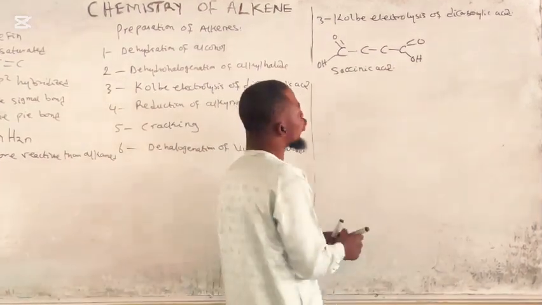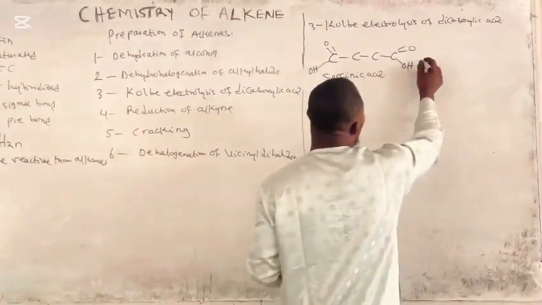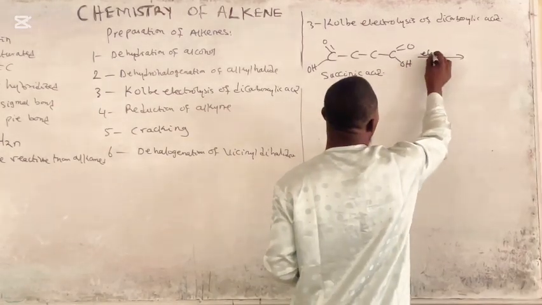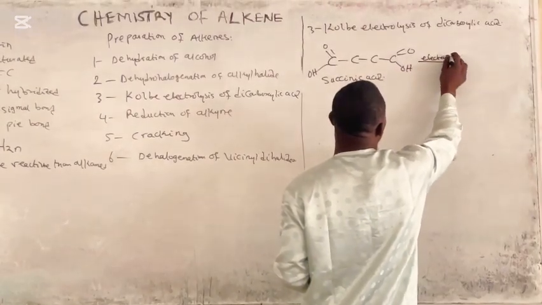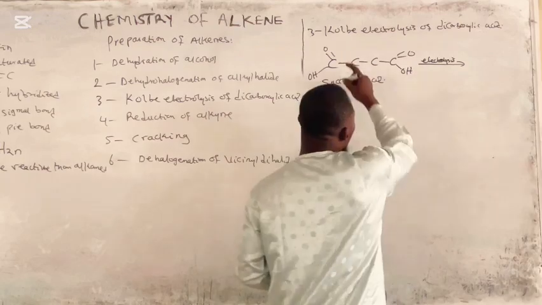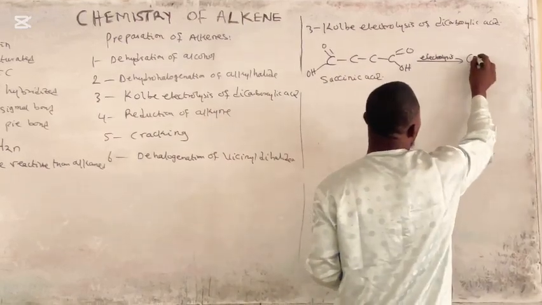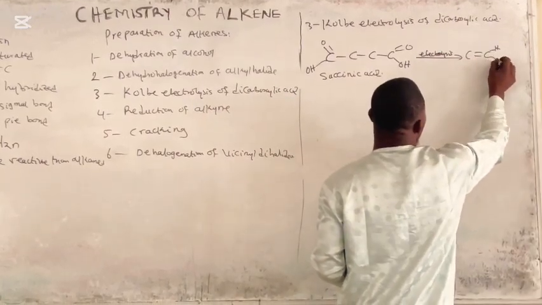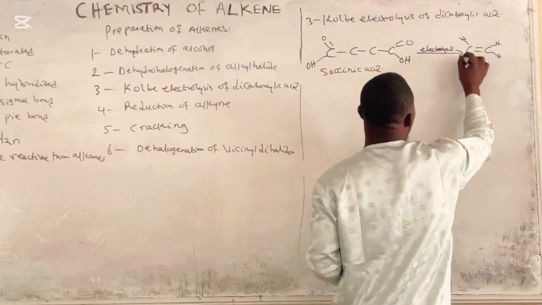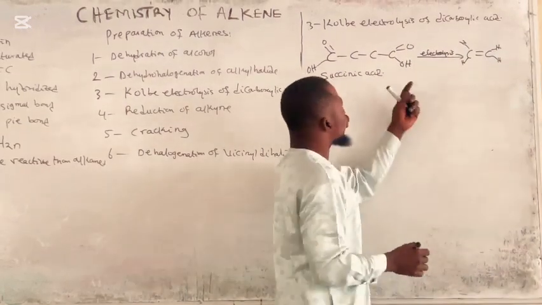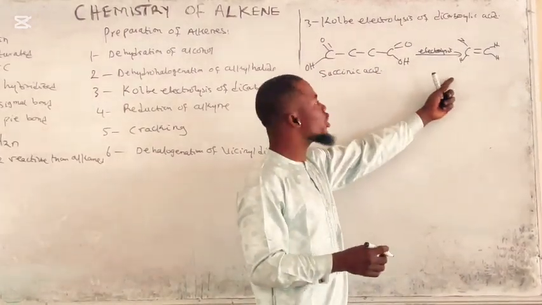So from here, this succinic acid undergoes electrolysis. It will produce ethene plus 2 carbon dioxide and hydrogen.